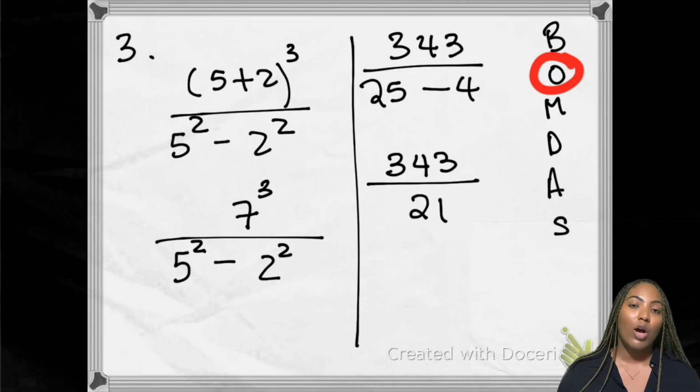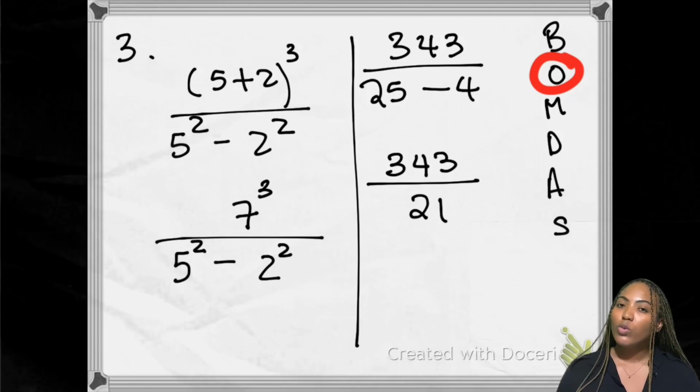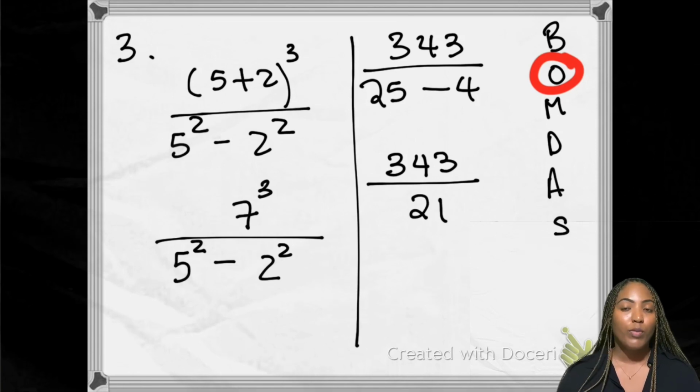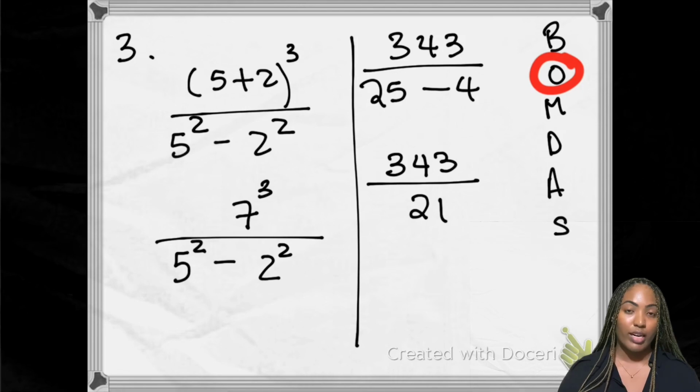Now, if you look at the options given on the CXC website, 343 divided by 21 is not one of the options. So the first thing we do is see, can 21 go into 343 directly? Well, if you put it in the calculator, you'll realize that you get a number with a decimal. Hence, this number does not divide directly into 343.